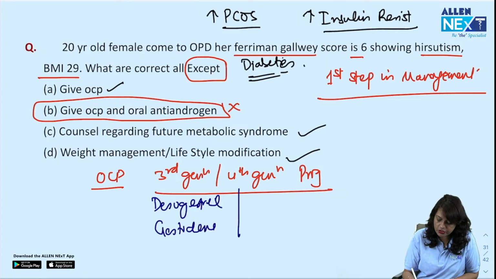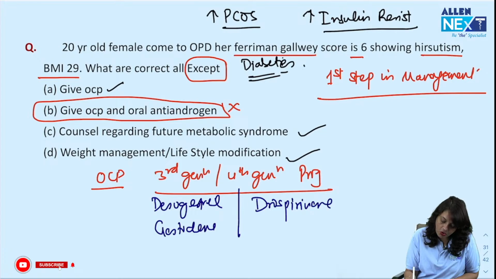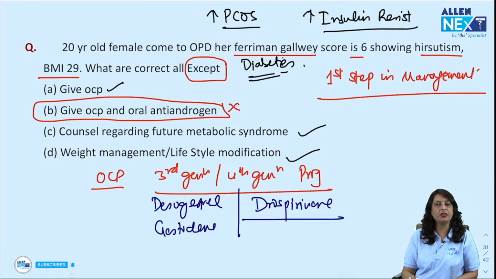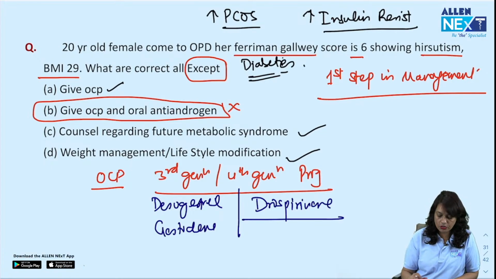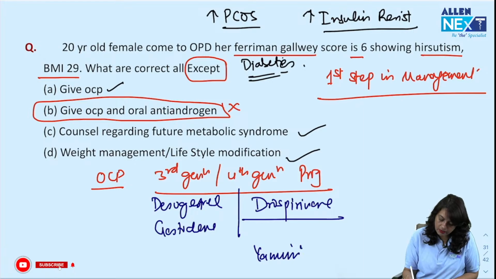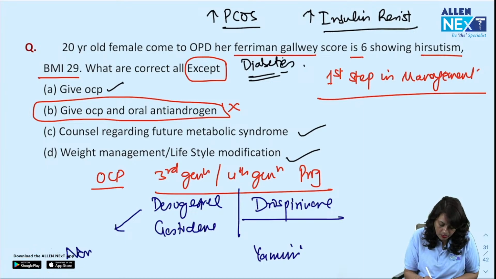Fourth generation progesterone includes drospirenone. These OCPs, for example Yasmin, and desogestrel-containing OCPs include Novelon or Femilon.